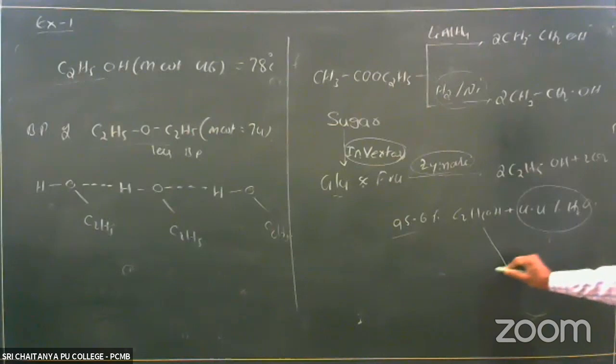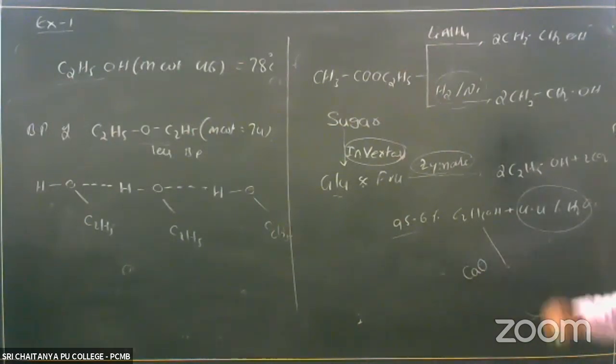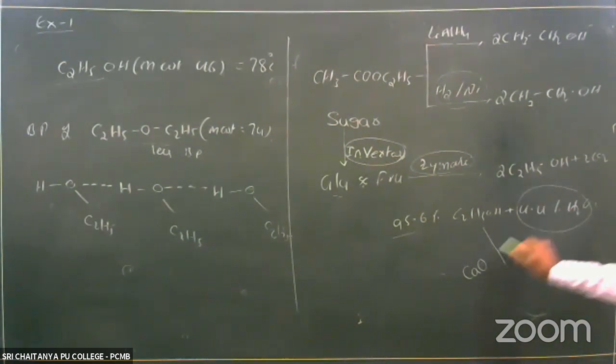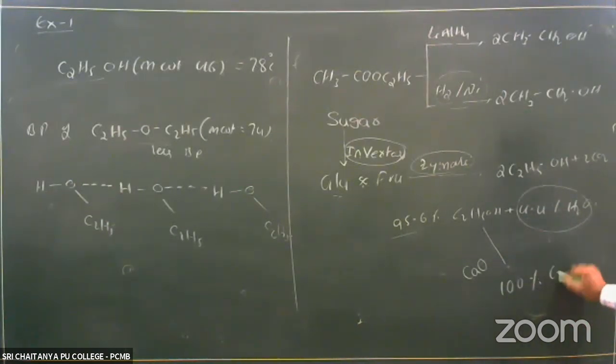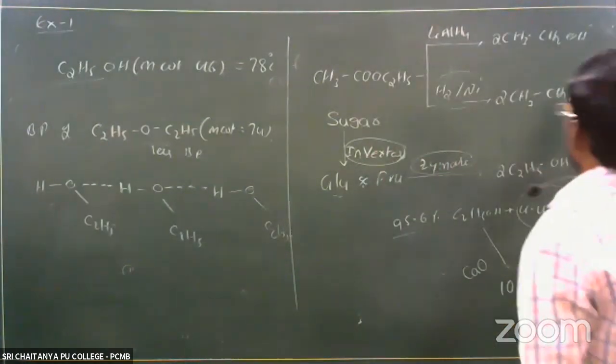Hence we use a suitable dehydrating agent, calcium oxide, which can absorb this 4.4% of water. Then 100% ethyl alcohol is obtained, which is called absolute alcohol.